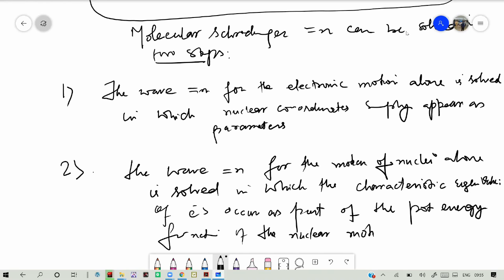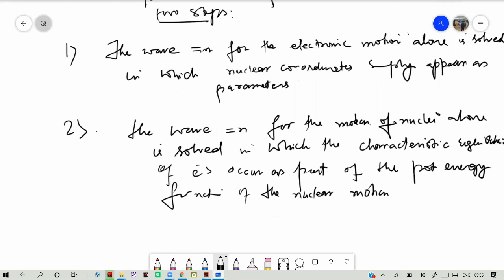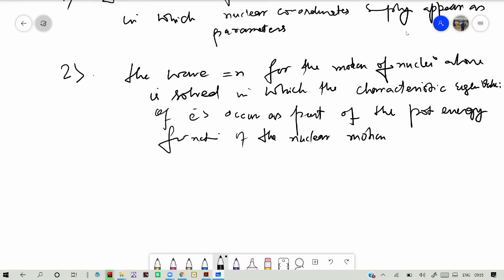That means the electrons will be treated as a potential for the nuclei. So the characteristic eigenvalue equation of electrons will occur as part of the potential energy function, which we will see in the steps below. So these are just two steps. You can go through this again to understand it properly.